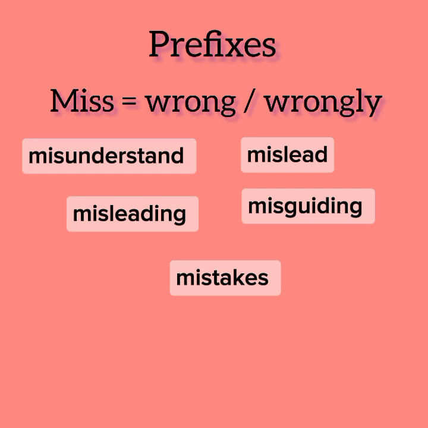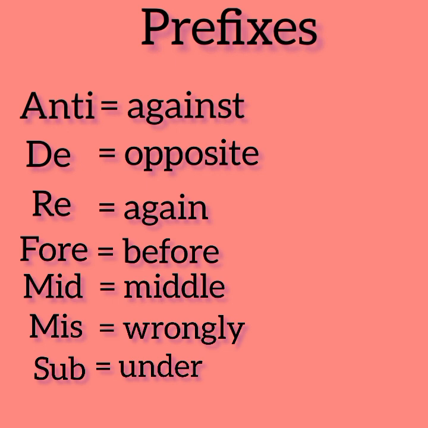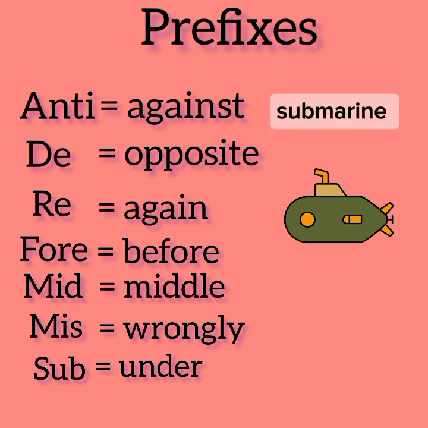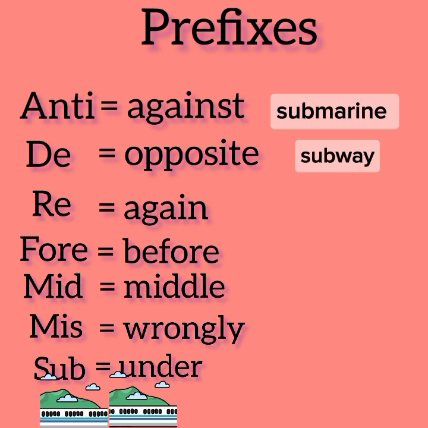So the next prefix in the line is sub. The prefix sub means under or below. Have a look at the word submarine. Submarine is a vehicle that moves under the water. Or take the example of subway. Subway is a train that travels below the ground.